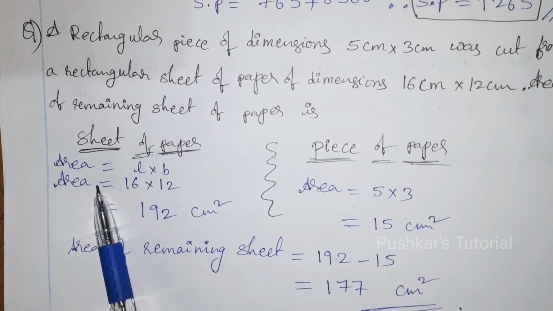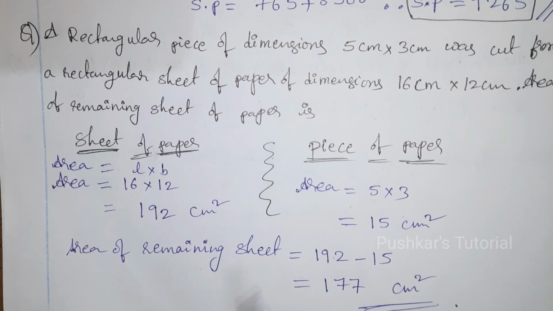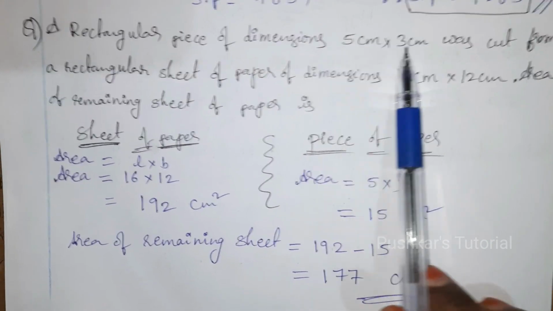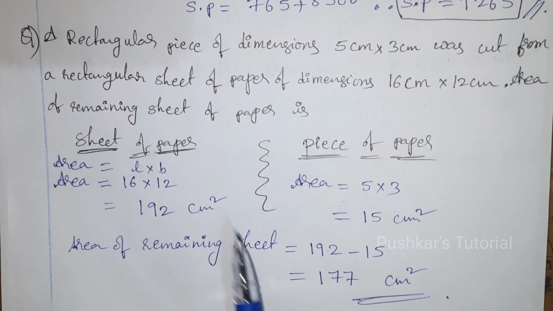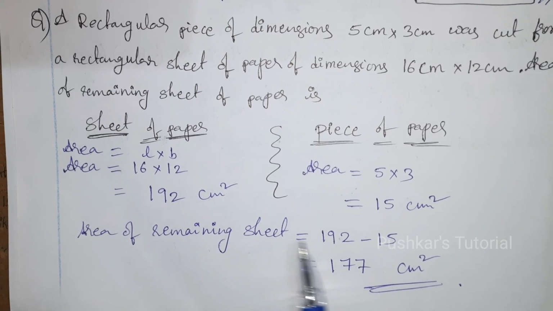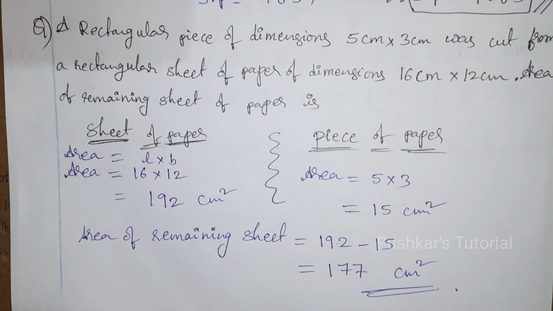So the area of the rectangle is 16 into 12, which gives 192 centimeter square. The area of the piece is 5 into 3, 15 centimeter square. So the area of the remaining sheet means total sheet minus the piece of paper. So 192 minus 15 will give you 177 centimeter square.